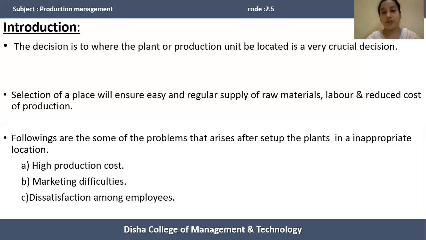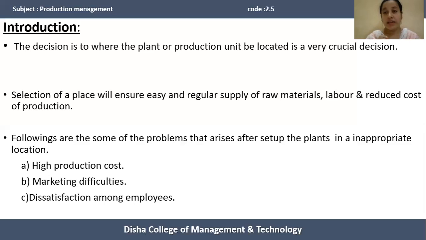If the entrepreneur is not able to identify a good location for their plant, then it brings a huge loss to the organization. If the industrialists want to shift a plant from one place to another place, it also creates a lot of difficulties, and it is a costly affair. So initially, the entrepreneur or the firm has to identify a good location for their plant.